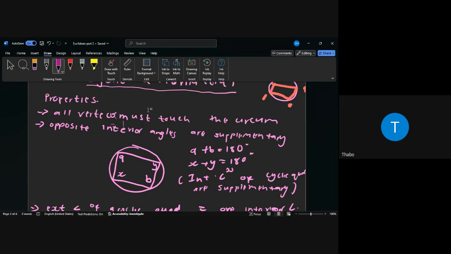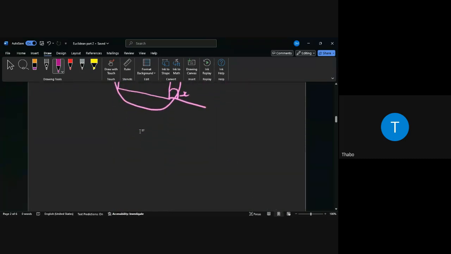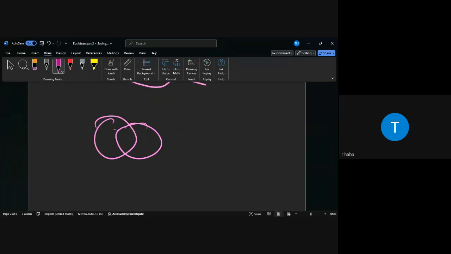So now guys, another thing that students usually don't get. Let's say you have something like this, typically in Euclidean geometry.